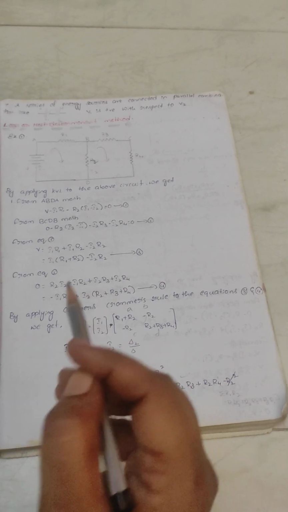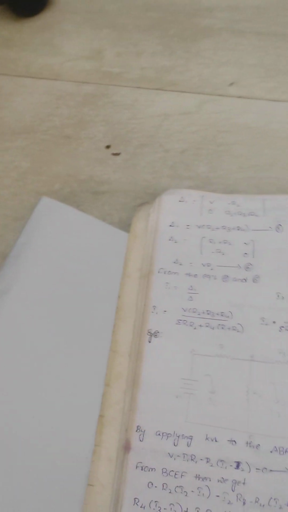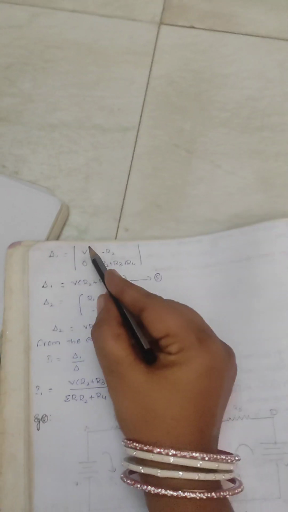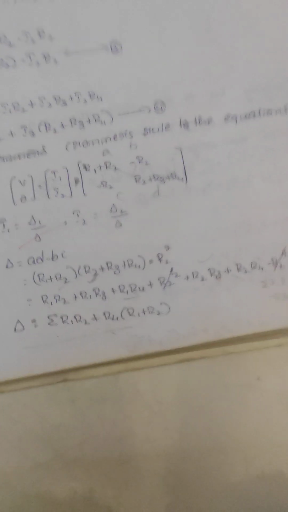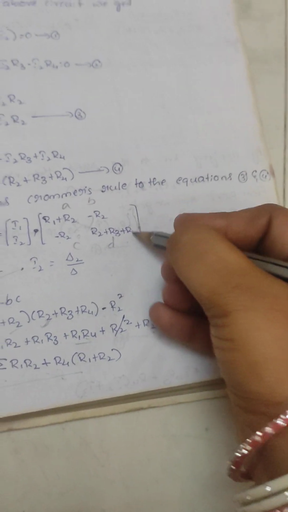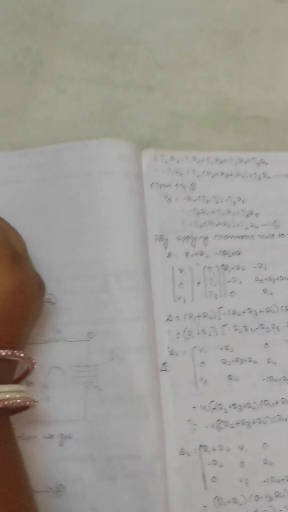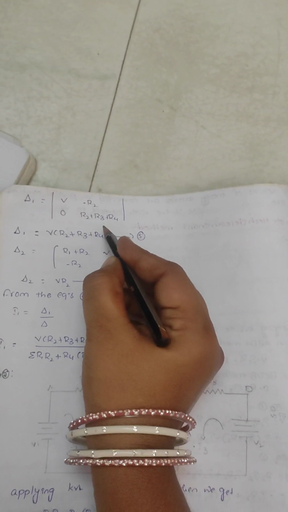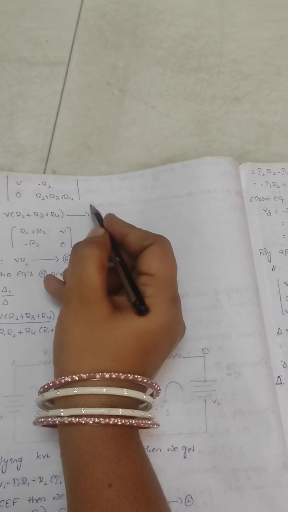Next, coming to the delta 1 value. To find delta 1, we write V, 0 in the first column and it remains the same: minus R2, and R2 plus R3 plus R4.